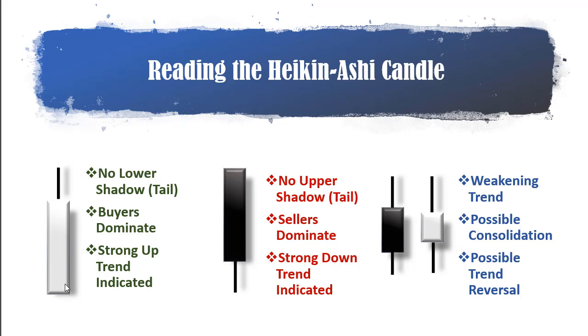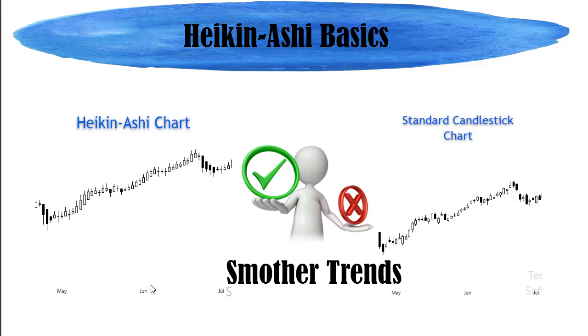If there's no lower tail on a candle, no lower shadow, the buyers are dominating that price action and a strong uptrend is indicated. So when we flip back to this chart on Heikin Ashi, you can see these candles right here, there's no tail on those candles. A strong uptrend is indicated.